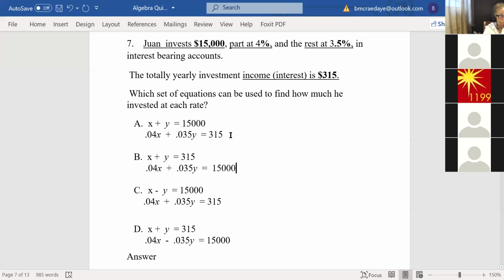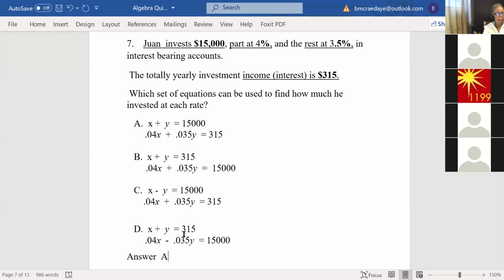Okay, so 315 is what he made on his interest income. 15,000 is the amount he invested in those two interest-bearing accounts, one at 4%, one at 3.5%. So that means the setup is A.